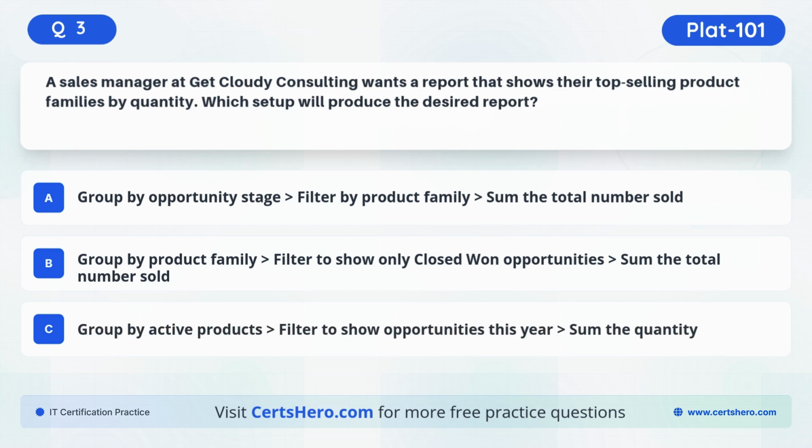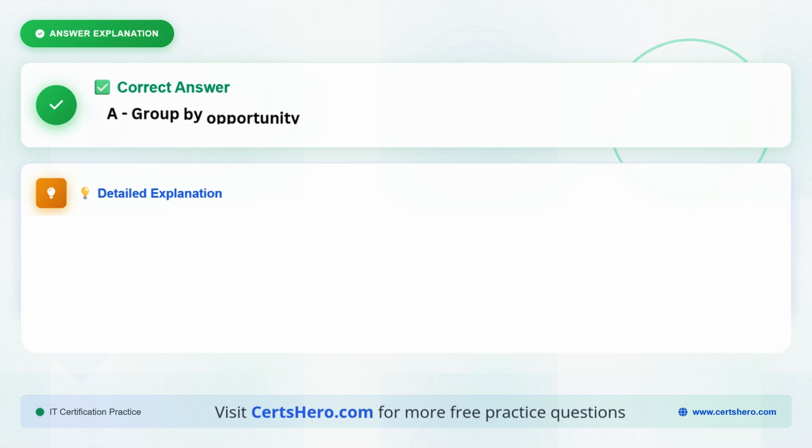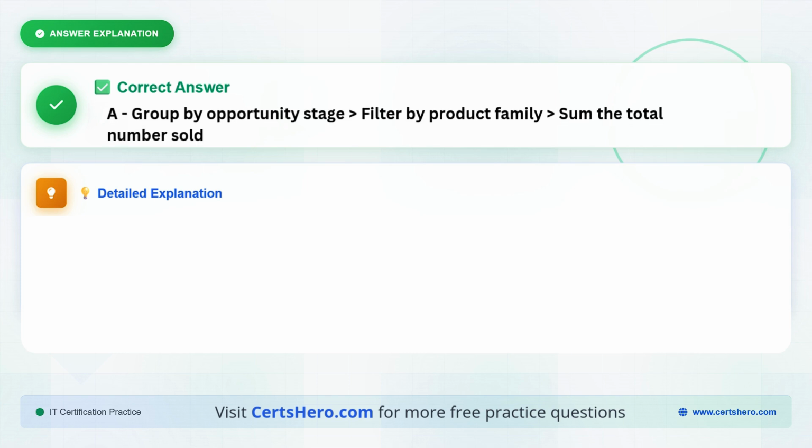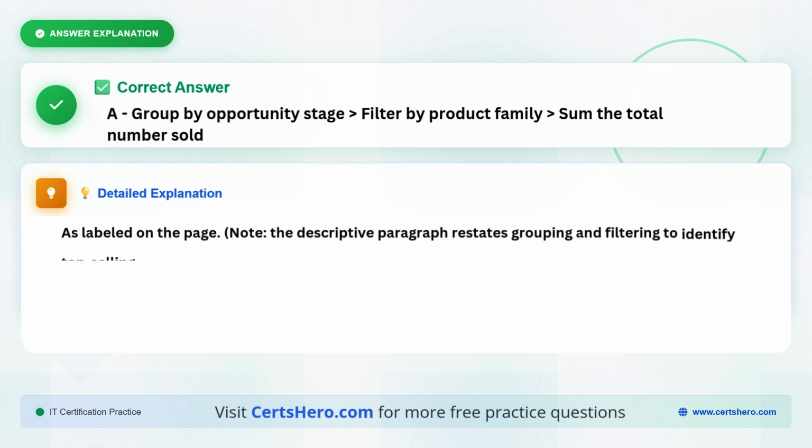C. Group by active products, filter to show opportunities this year, and sum the quantity. Correct answer is A. Group by opportunity stage, filter by product family, and sum the total number sold. Here's why, as labeled on the page. Note, the explanation text restates grouping and filtering to identify top-selling product families.